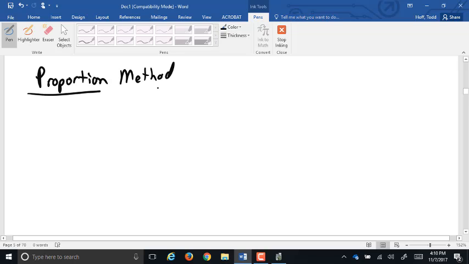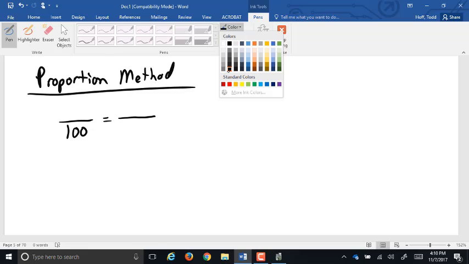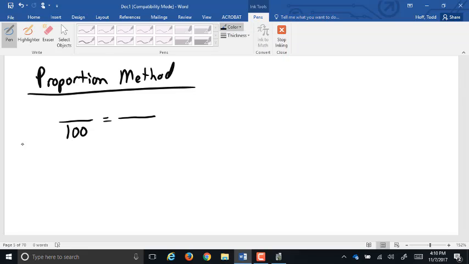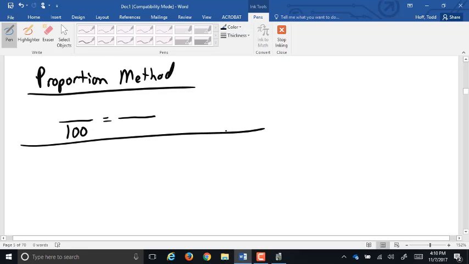And that proportion method involves what we were doing when we were converting those fractions. You know, the percent is always out of 100. And that equals some other piece over here. So let's look at some examples and we'll make that proportion method work.